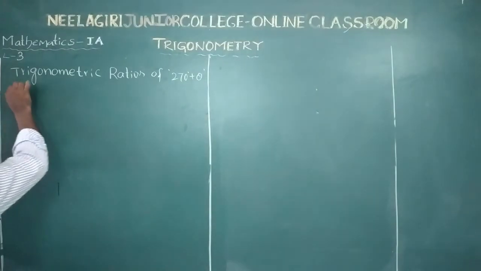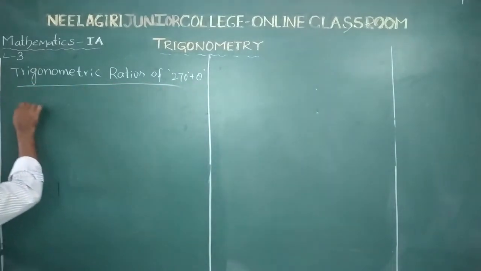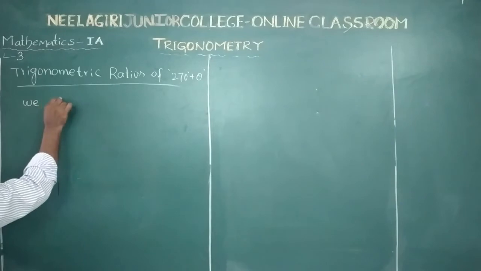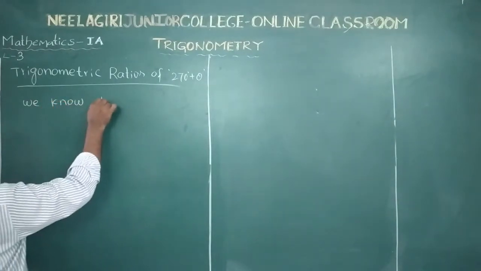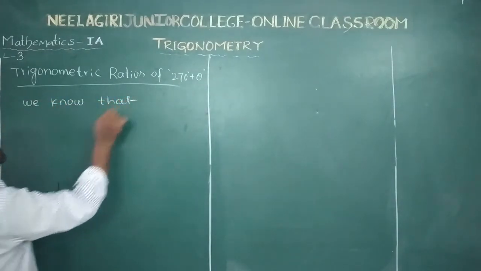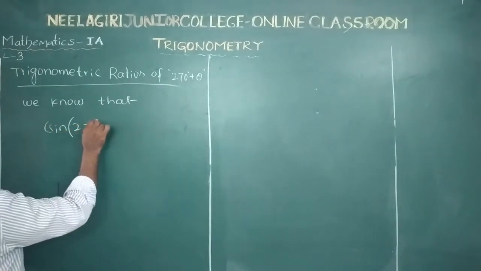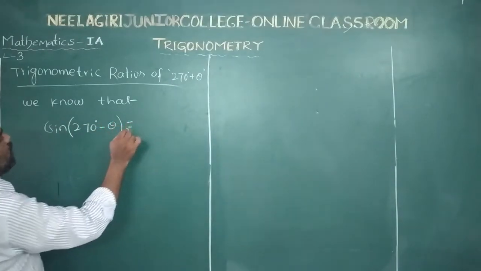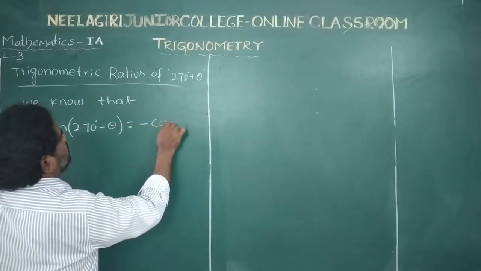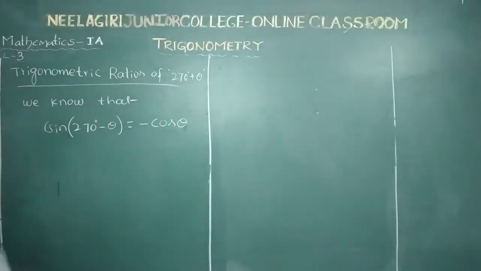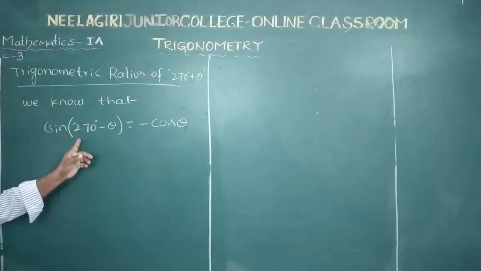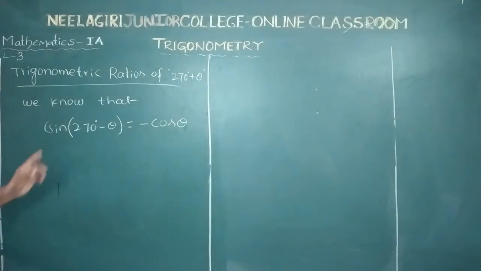We know that sine of 270 minus theta equals minus cos theta. Okay? This should be minus cos theta.